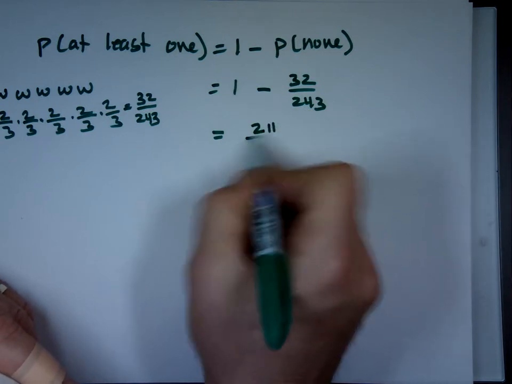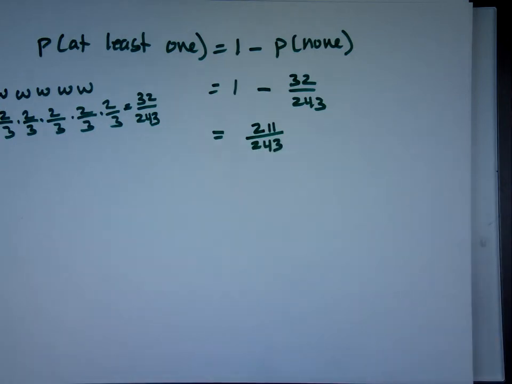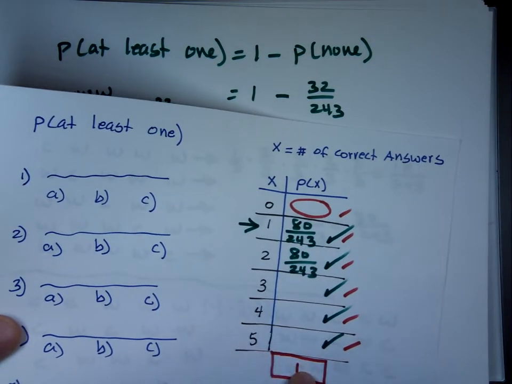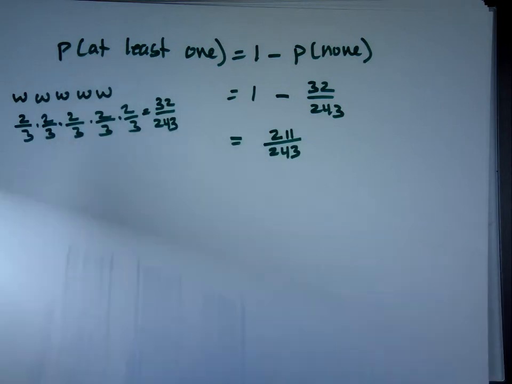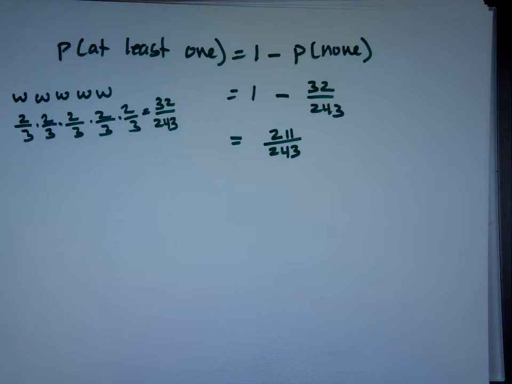Over 243. A lot quicker and easier. I don't have to find the answer to each one and add them. I'll find the answer to 0 and take 1 minus that number. It's called the complement.